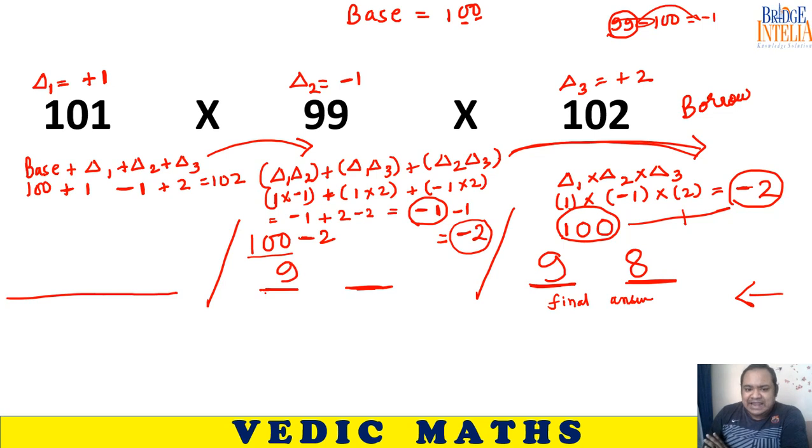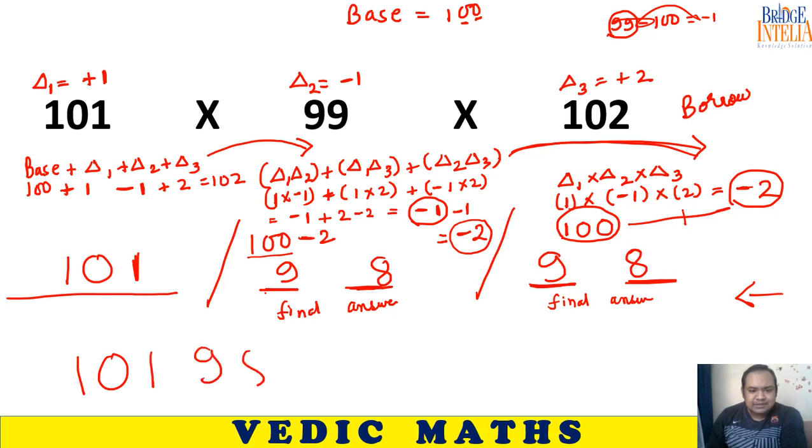I can write 98 because it is a positive number. Coming to the first part, since you have taken a borrow, 102 will become 101. So now our answer is ready: 101, 98, 98.